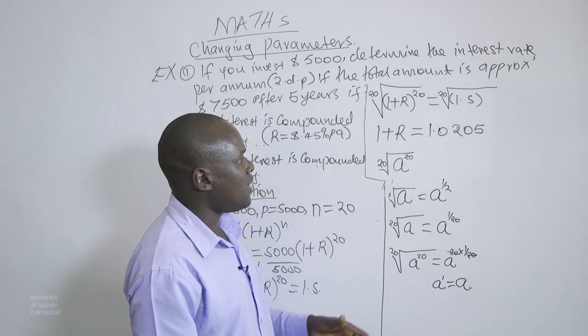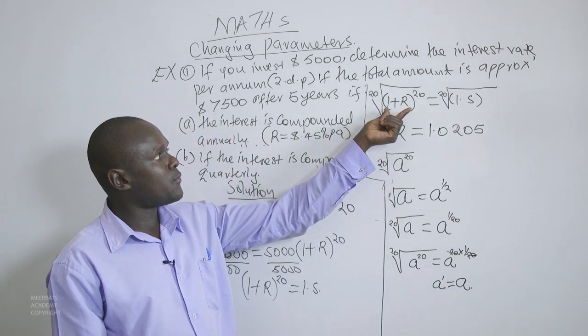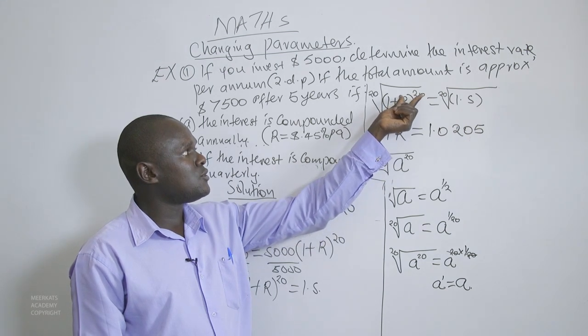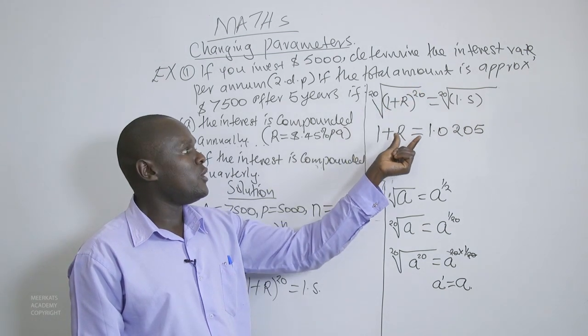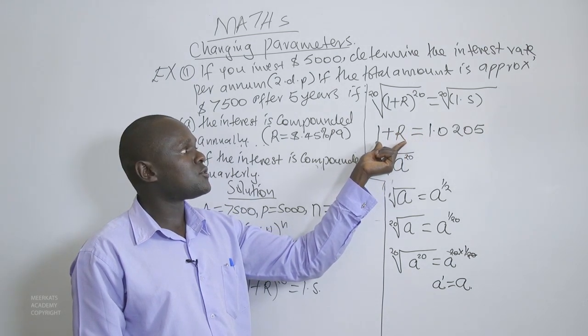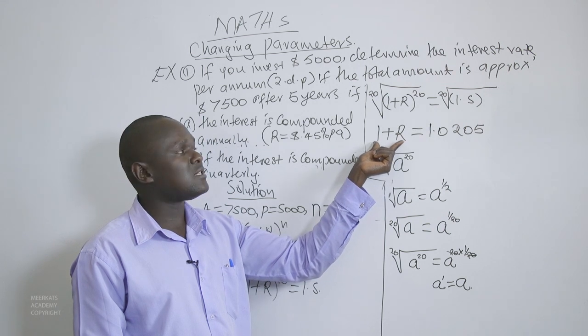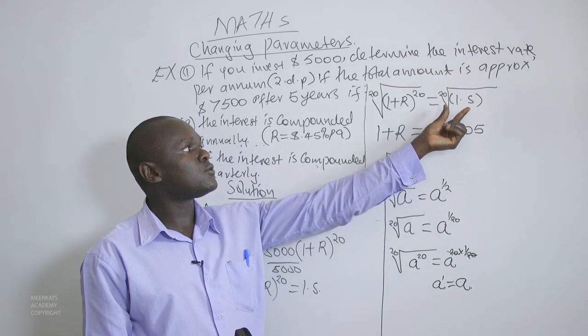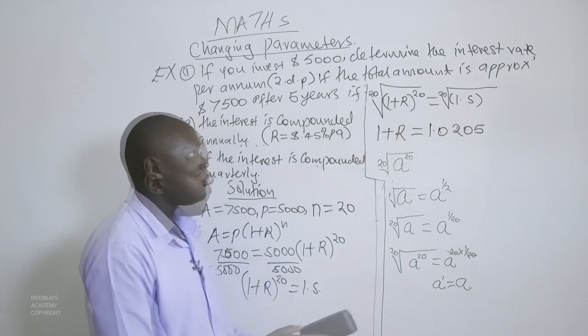This is a. That is why when we are looking for the 20th root of the value in the bracket here, which is also raised to power 20, we are getting that the contents of the bracket, that is 1 plus r, which we are equating to the 20th root of 1.5.